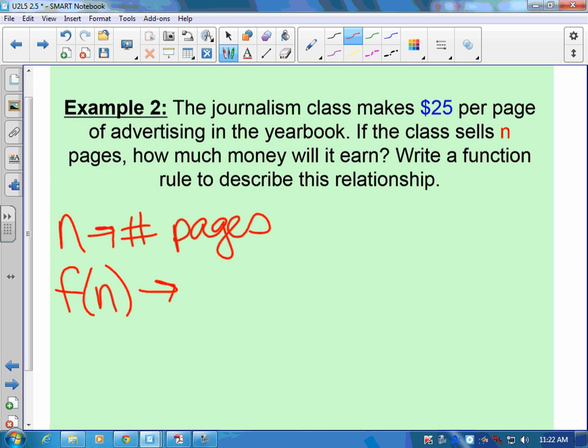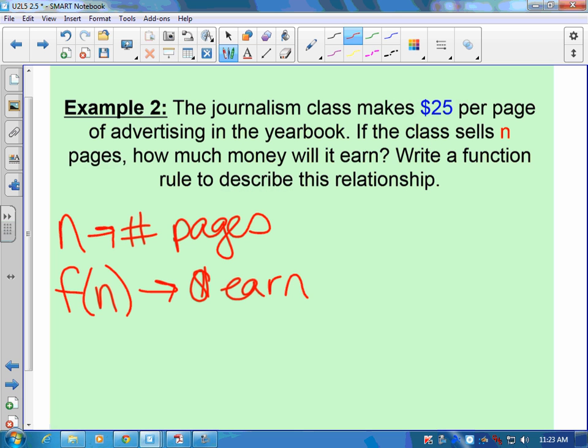This is my dependent, which represents what in this problem, in words? What does this mean in this problem? We're getting there, Seth. How much money we're going to earn or our profit. So they say the money we're going to earn or the profit that we are going to make.